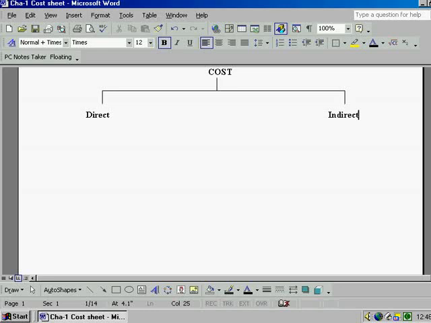Is that fine? Now tell me, is he using his own raw material for framing purpose or his own labor? No. But still the payment of 500 that is being made is for a work which is done on the product. So he would again call it what? Direct cost.